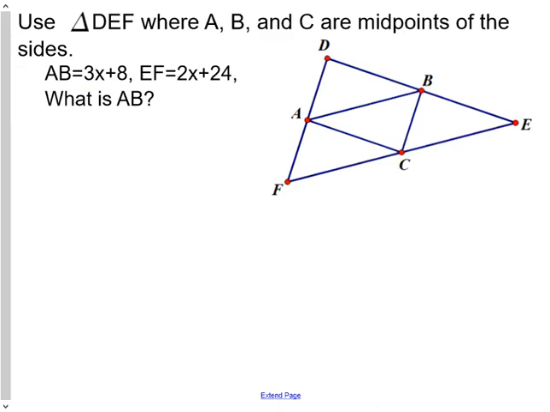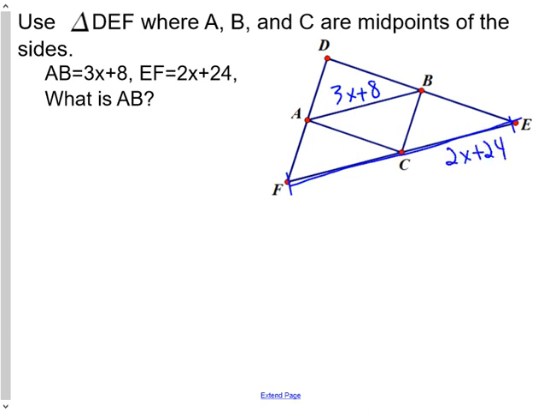Next, this is the most common math you'll see with this. This is something you'll need to know how to do on a quiz and potentially a test. Use triangle DEF where A, B, and C are midpoints. Given AB is 3x plus 8 and EF is 2x plus 24, what is AB?